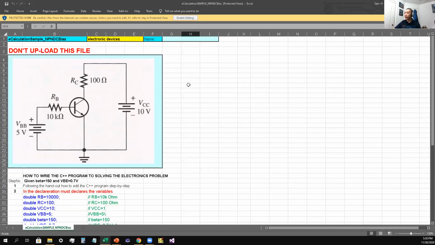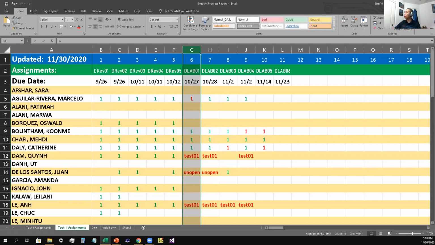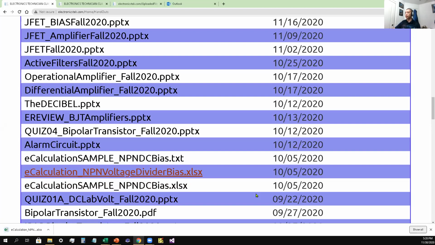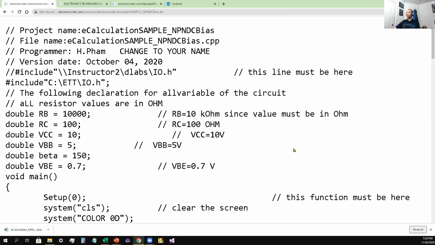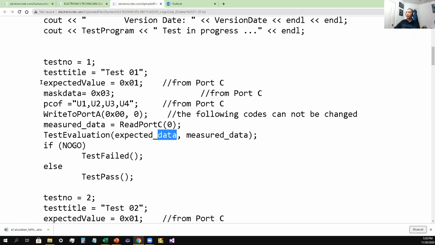This one doesn't have the program, so let me open up the other one. Okay, XLS. So this one is a sample. This one is Excel also, and this one is text right there. Okay. All right. So even in test one, okay, you're right, Mrs. Smith. Expected value. Even this.